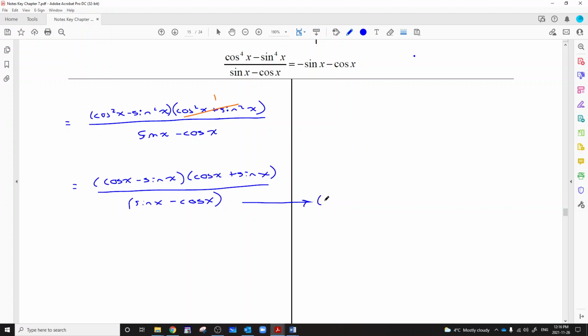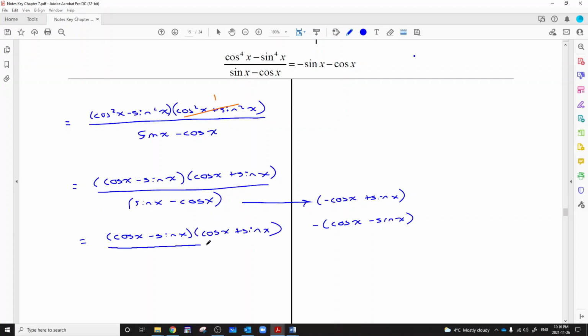So this bracket would be negative cos x plus sine x. Now, if I greatest common factor out a negative 1, I'd be left with cos x minus sine x. In other words, I could rewrite this as cos x minus sine x times cos x plus sine x all over negative 1 times cos x minus sine x.